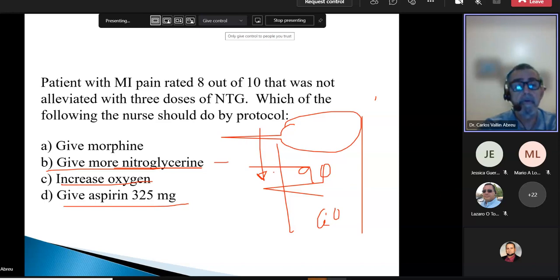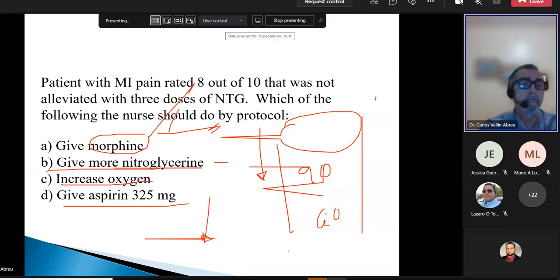And when nitroglycerin doesn't demonstrate benefit, then, as you said, morphine should be given. Morphine has a double function in the myocardial infarction. It's a vasodilator. For your information, morphine is a potent vasodilator. So by vasodilating, the morphine decreases both preload and afterload. If the heart has less preload and less afterload, it needs to work less.